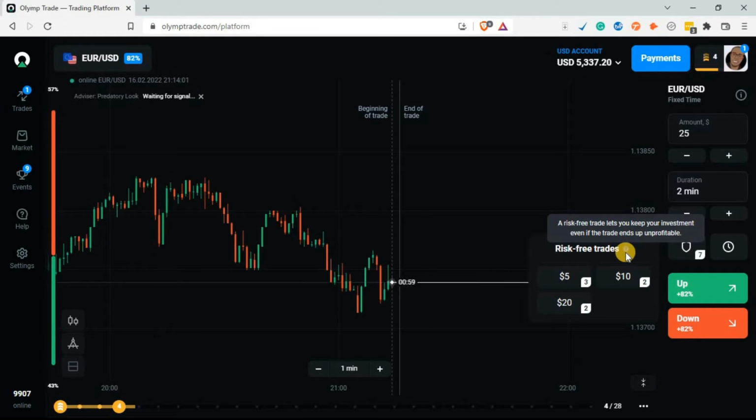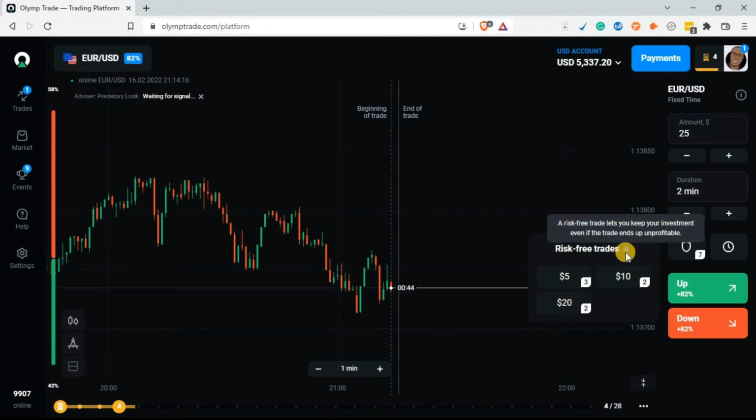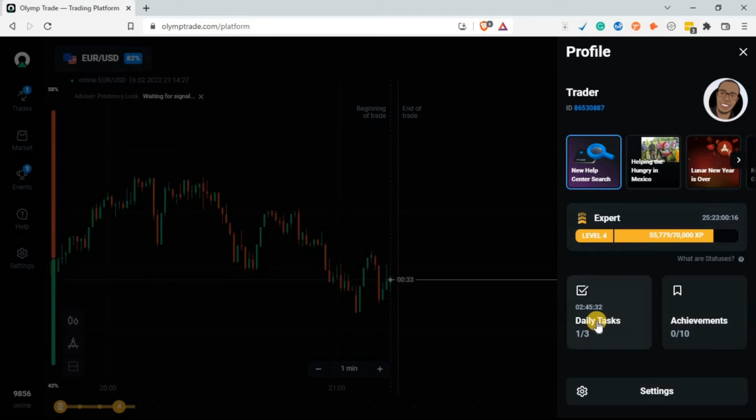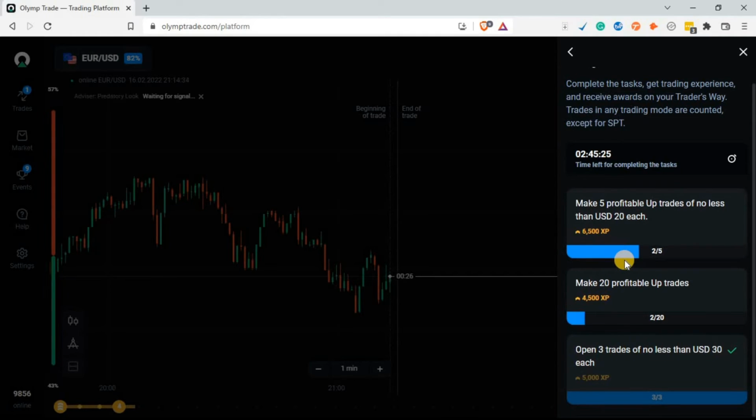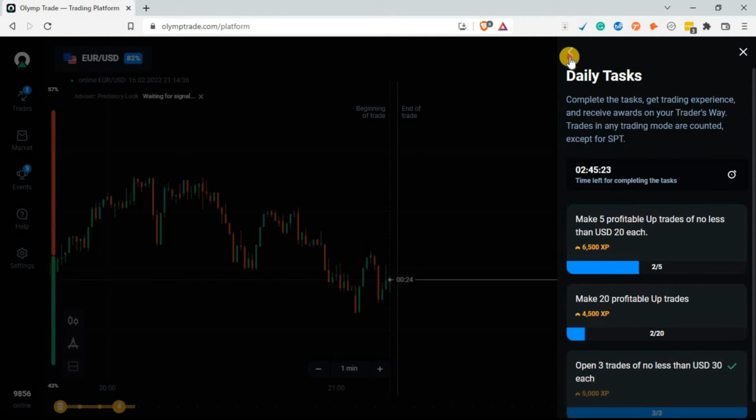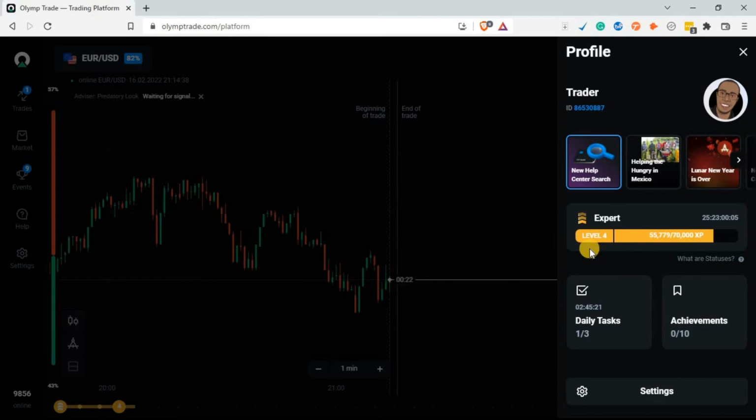So when you get a risk-free trade on Olymp Trade, it means that if you invest say $100 on a trade and you end up wrong and your prediction ends up on the opposite side, you get to keep your investment. That's the benefit of following up the trader's ways. Make sure you click on your profile, then head over to daily tasks, to look at what you need to do today, to advance your level and to earn rewards, which include risk-free trades.